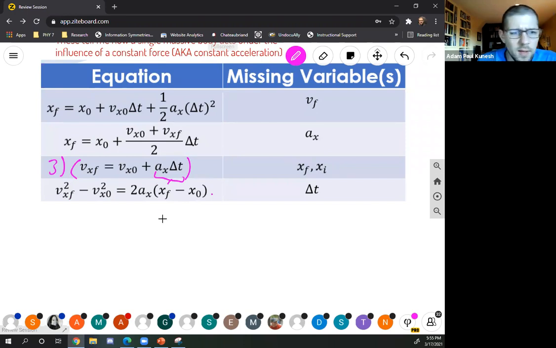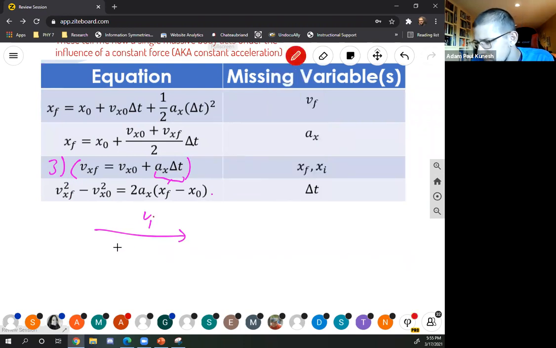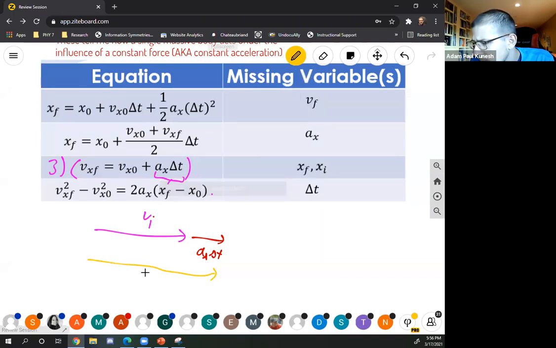Intuitively, the way I think about this, using some vectors for intuition, is if I've got some initial velocity, vi, and some acceleration, the acceleration scaled by delta t, added to the initial velocity as vectors, gives me the final velocity, vf. So acceleration acts through time to add or subtract from our initial velocity.